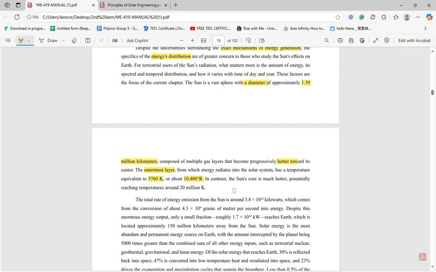Imagine, this is a lot. This is really a lot of energy that we can harness. If we really utilize this, then it's really enough for us to have a large amount of energy that we can utilize in the world.